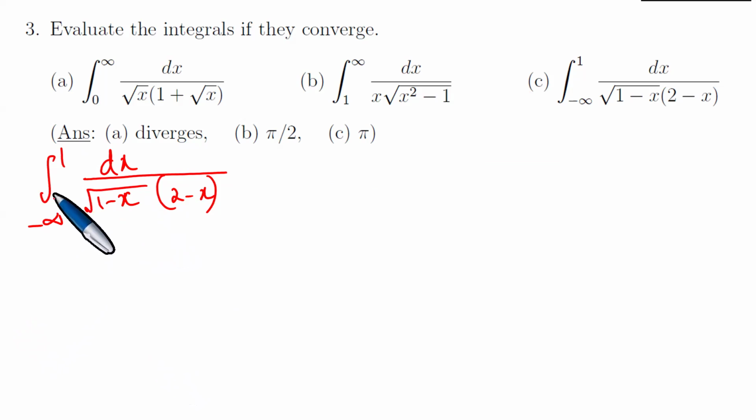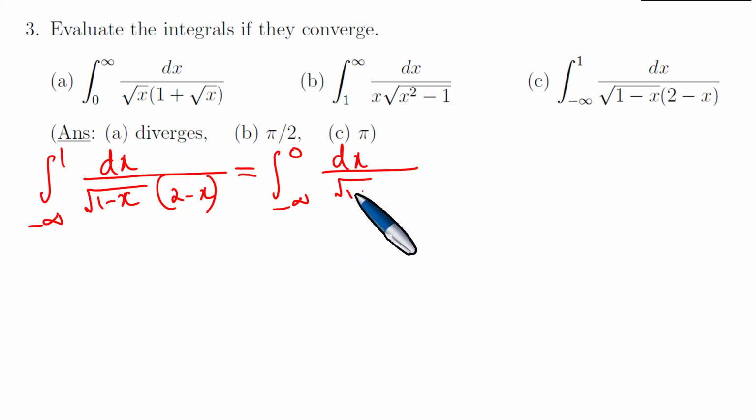So you must use the 1 unit rule. What is the 1 unit rule? Because this number 1 is the biggest number, you must minus 1 from 1. If you minus 1 from 1, what do you get? You get a 0. Meaning that you would have to integrate from minus infinity to 0.